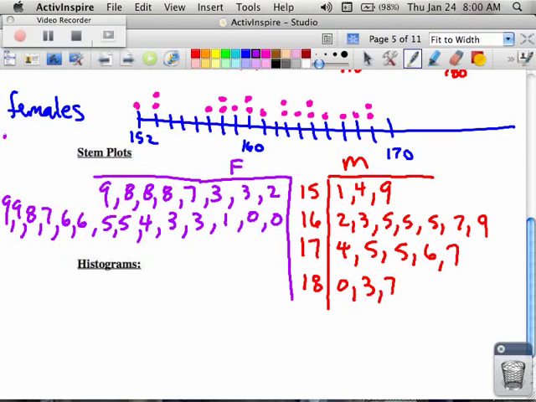Generally, statisticians like to have somewhere between 5 to 10 lines. Here we have 4, so this is kind of short. So oftentimes they'll split each stem into 2 pieces to see a better distribution.